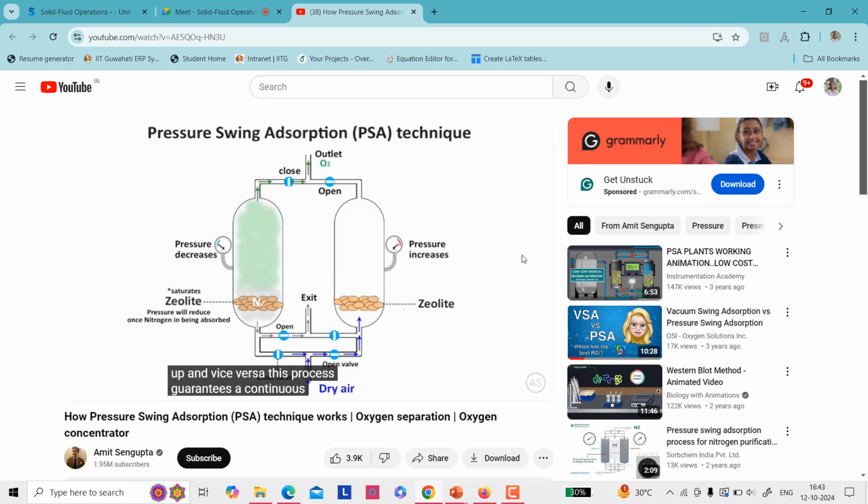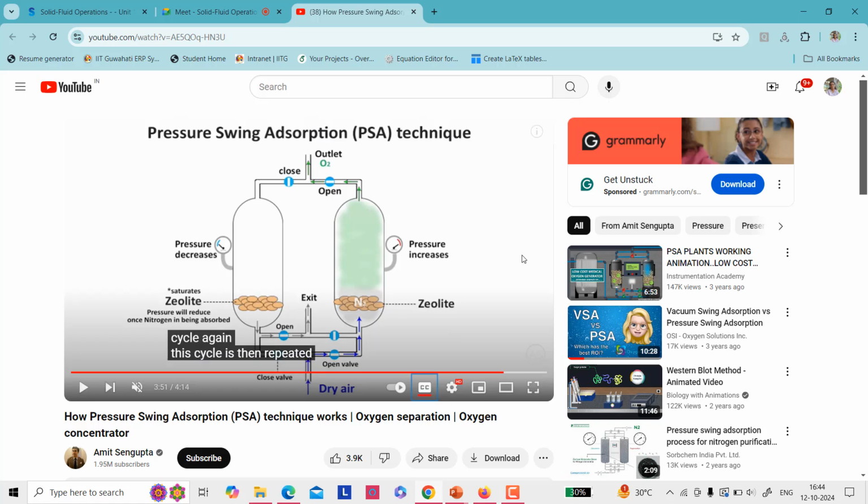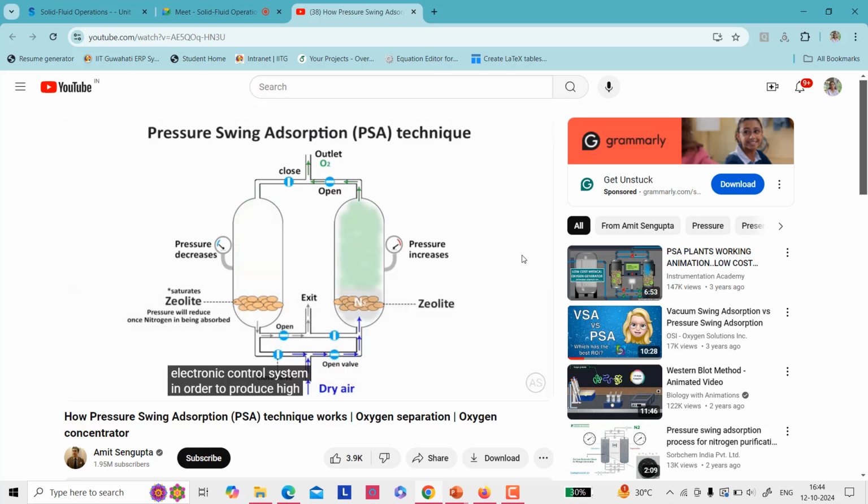This cycle is repeated under an electronic control system in order to produce high purity and stable oxygen continuously. It is a good process of separating oxygen. This is why pressure swing is happening. That is why it is called pressure swing adsorption. And 90% pure oxygen can be obtained. Right?